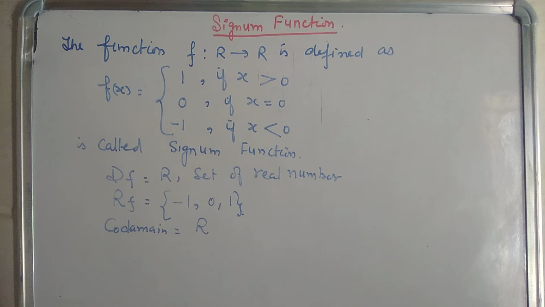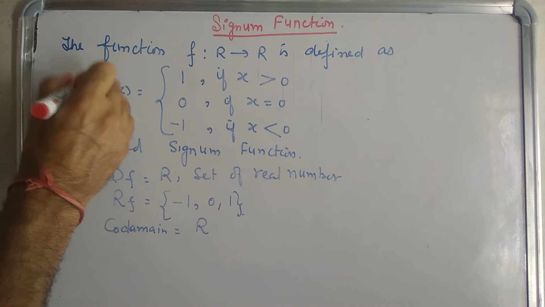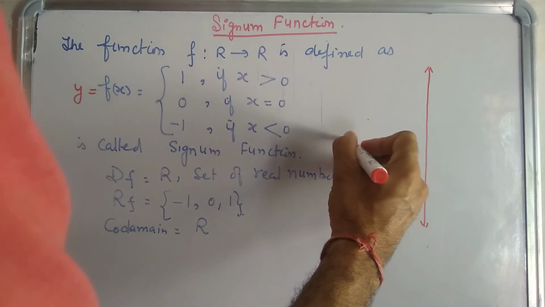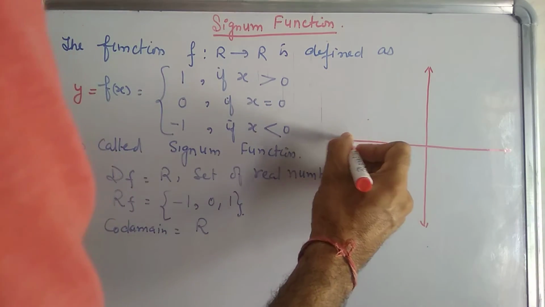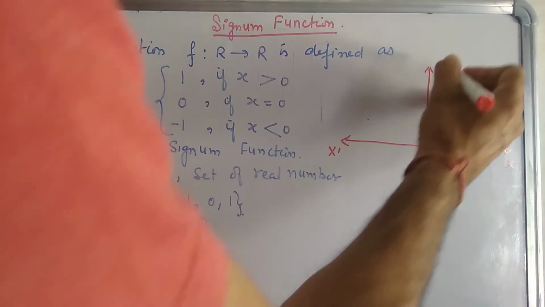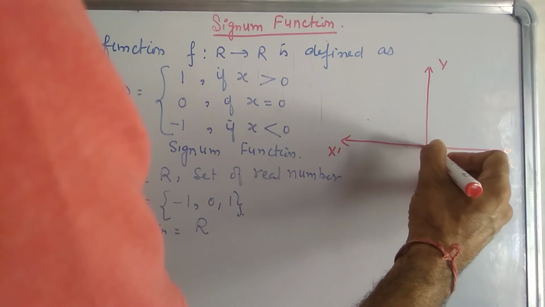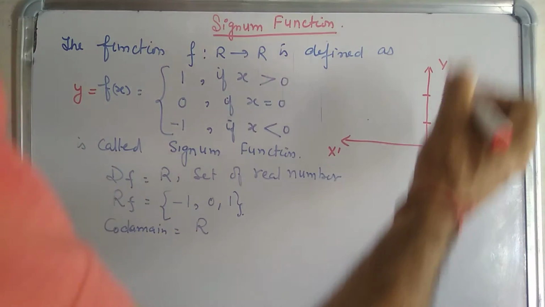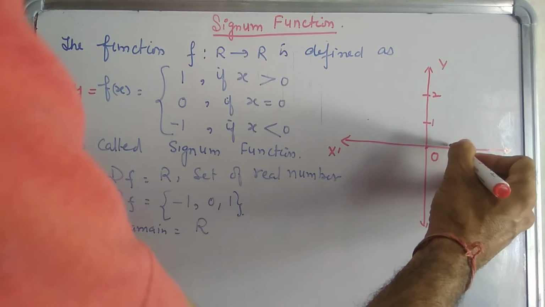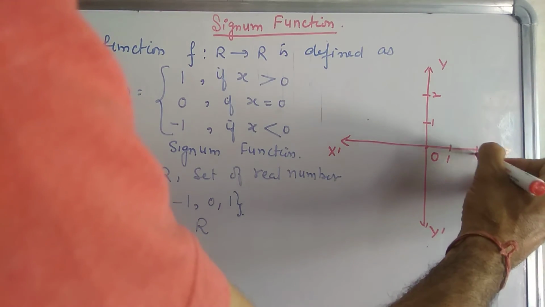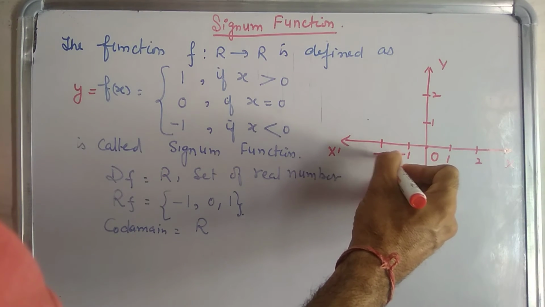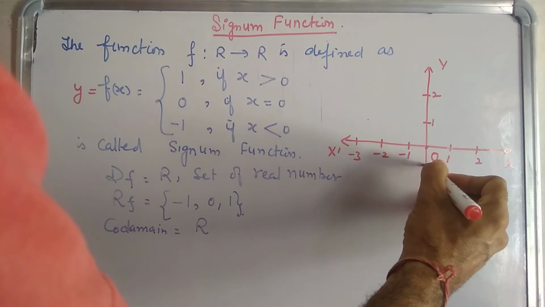Now if we see this graphically, let this be y, f(x) is equal to y. This is the x-axis, this is the y-axis, and say this is the origin. Now suppose this is 1, 2, and so on, and on this side the negative real numbers, where y is negative.